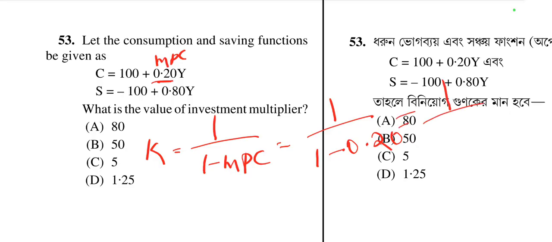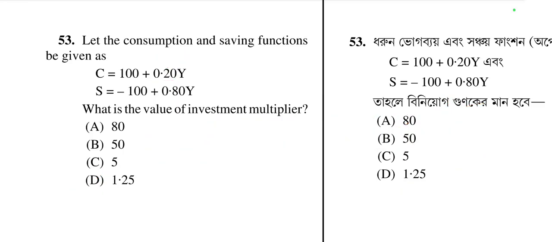So 1 by 1 minus 0.20 means 1 by 0.80, which is equal to 1.25. So the correct answer is 1.25. The investment multiplier value is 1.25. Option D is the right choice.